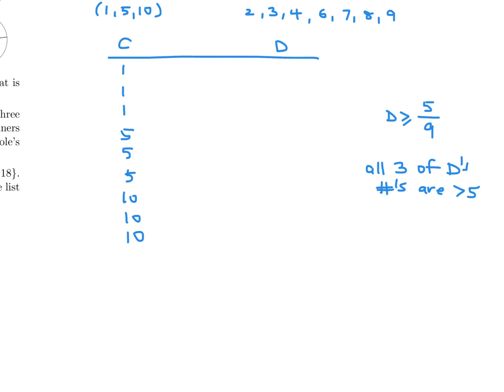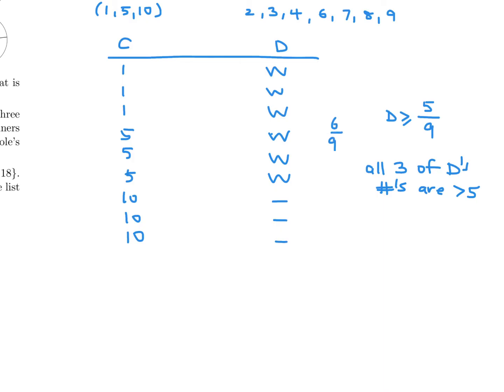If that's the case, then if a number is greater than 5, he'll win, and it doesn't really matter what happens here. That's going to be 6 out of 9, so he would win.